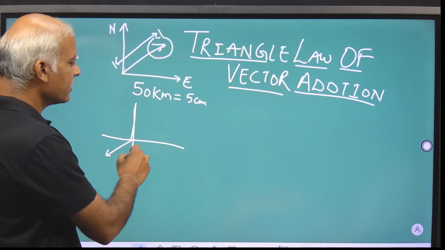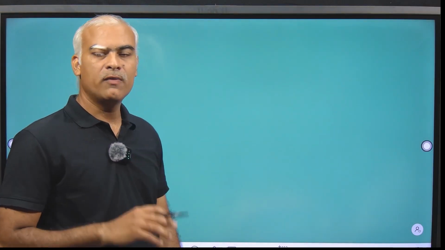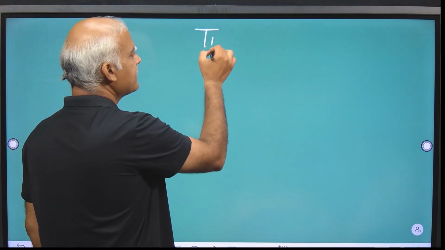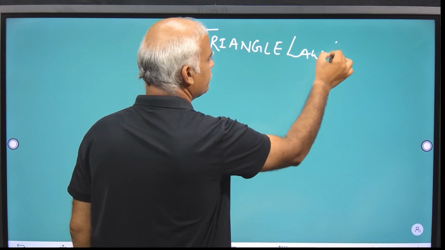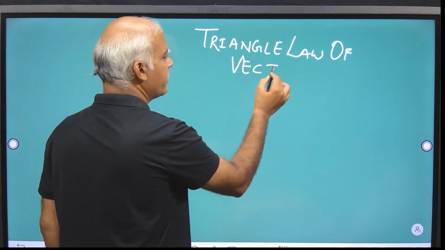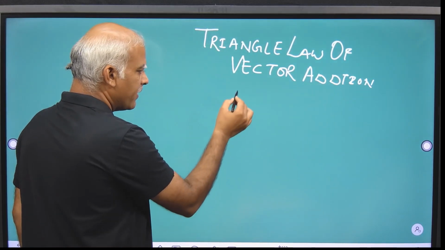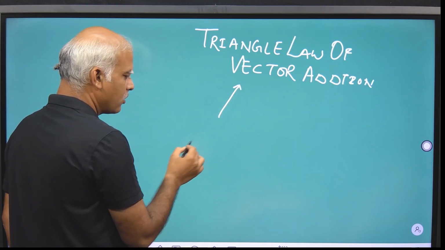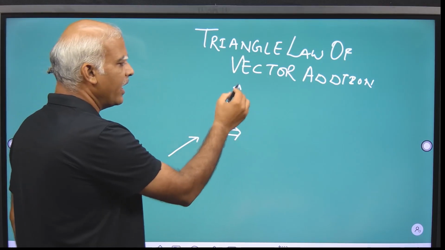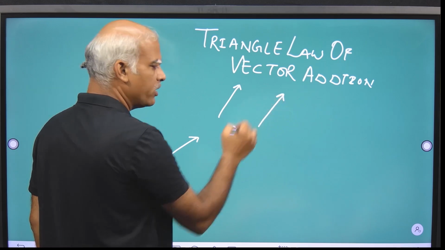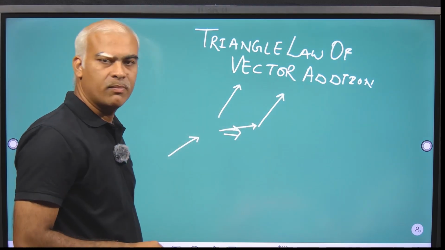Now if I'm representing a vector in the form of an arrow, then our triangle law of vector addition says that, say, if I'm having two different arrows in a random manner, and I'm joining them in a head to tail manner, the head means the arrow tip and the tail means the opposite of the tip.